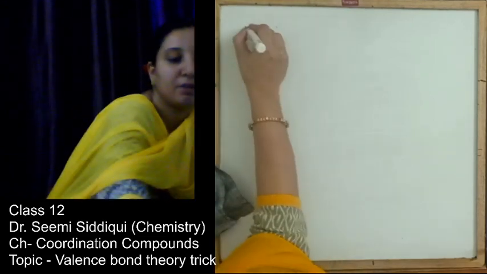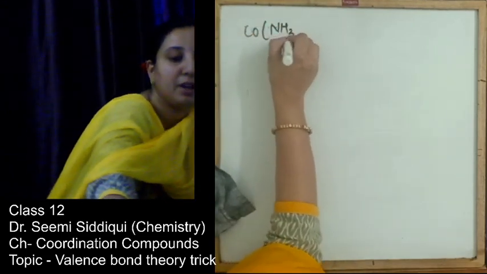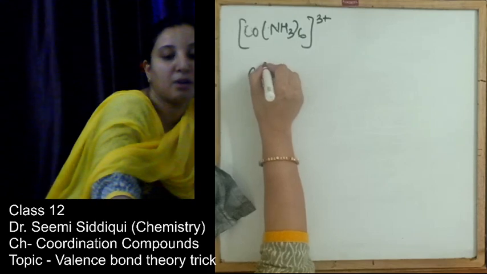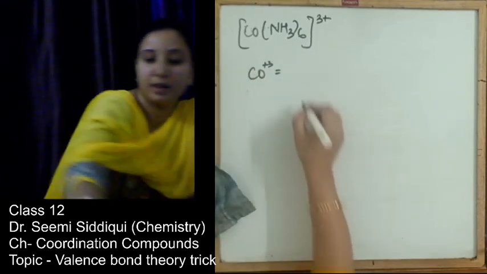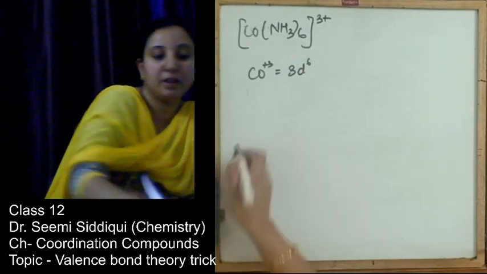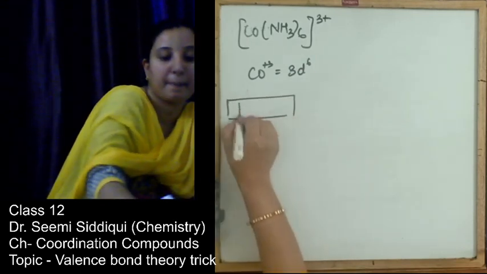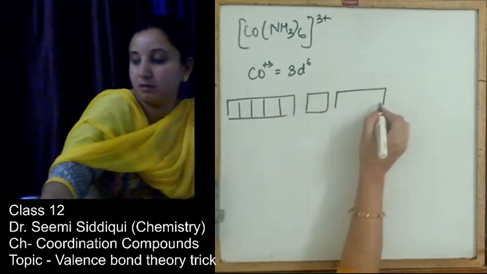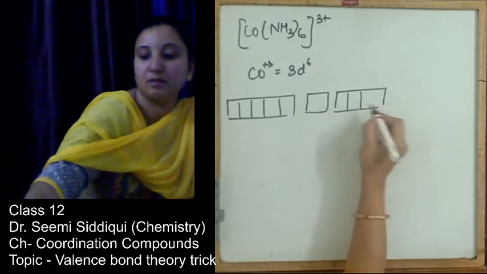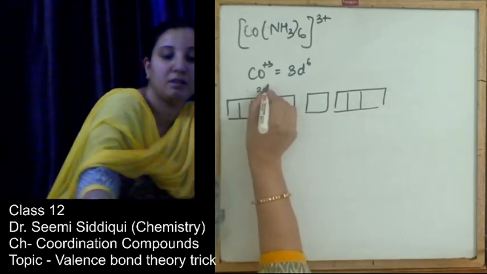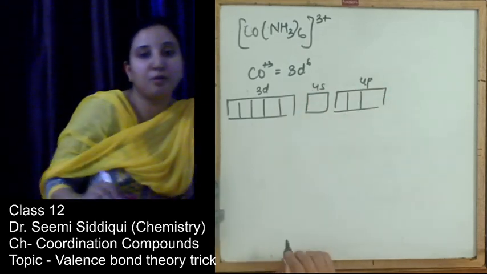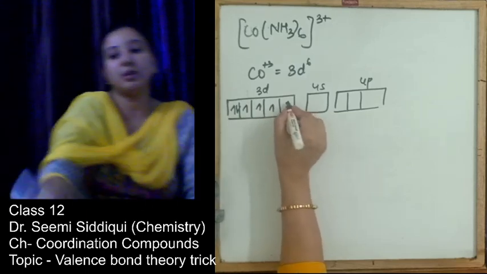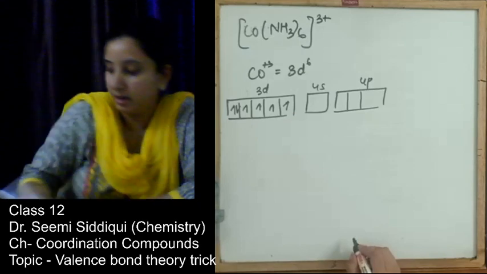Okay, let's look at another example: Co(NH3)6 3 plus. Same for the cobalt, the oxidation state is plus 3 over here. Therefore, it is going to be 3d6. Now, in this case, we draw 3d, 4s and 4p, so 3d6. There is no electron in the 4s, 4p and 4d.